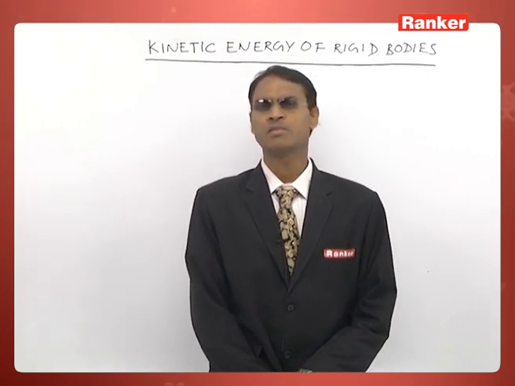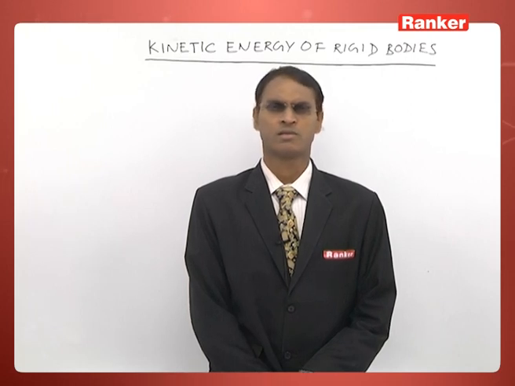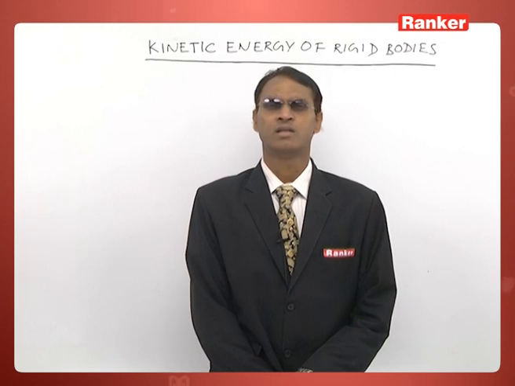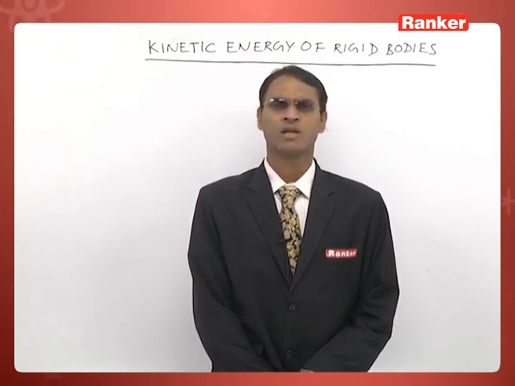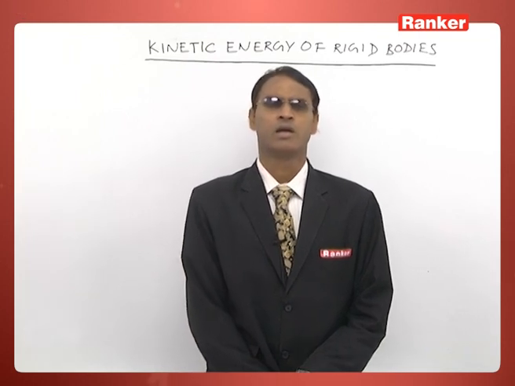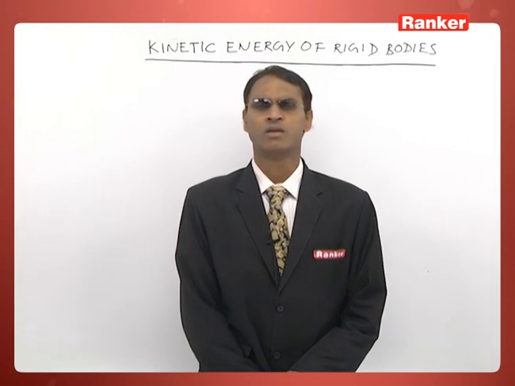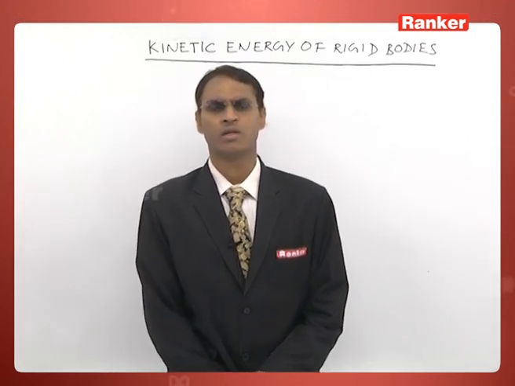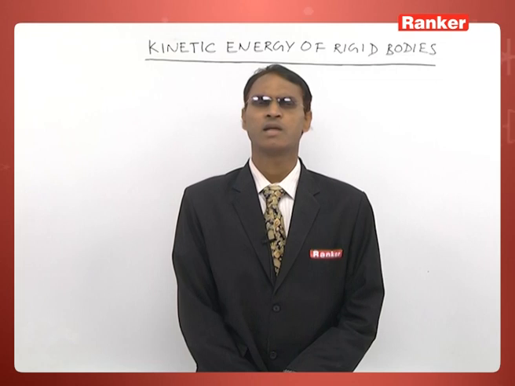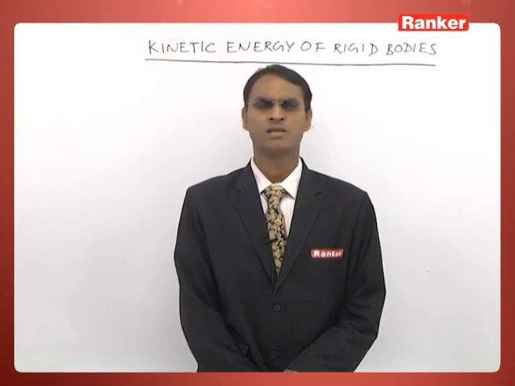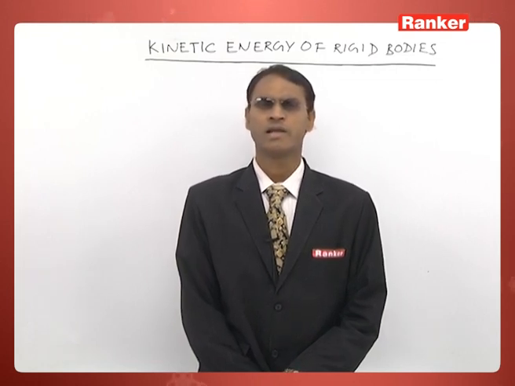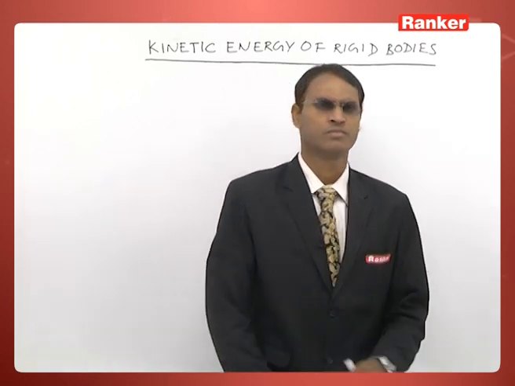Kinetic energy can be subdivided into two parts. One is due to rotation, that is called rotational kinetic energy. Another is contributed by the translation of the rigid body, and that is what we call translational kinetic energy. So, in this section we need to consider the kinetic energy of a rigid body.